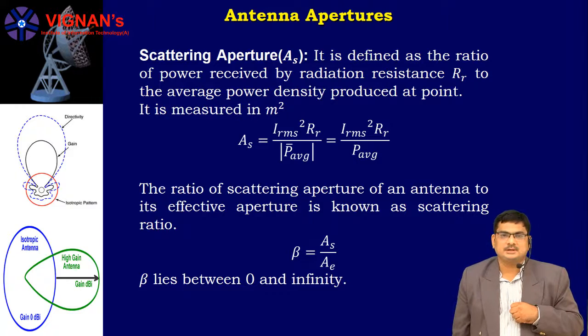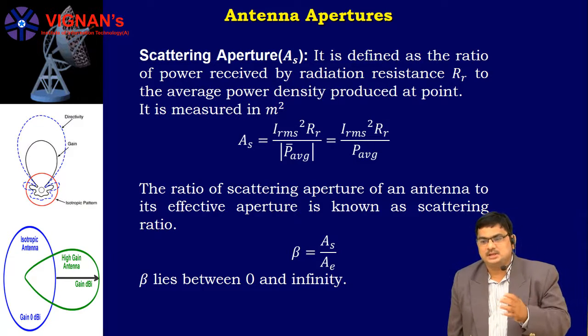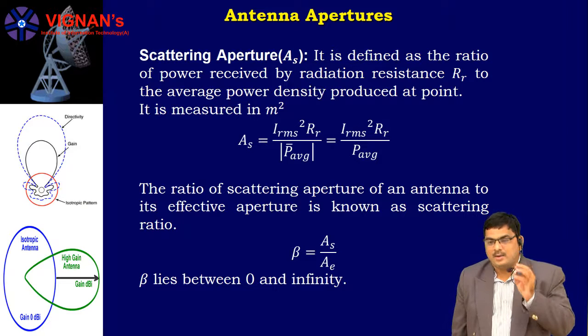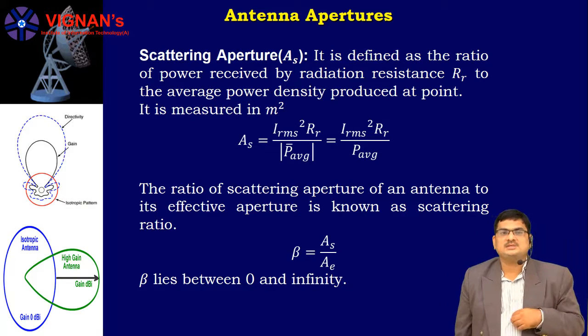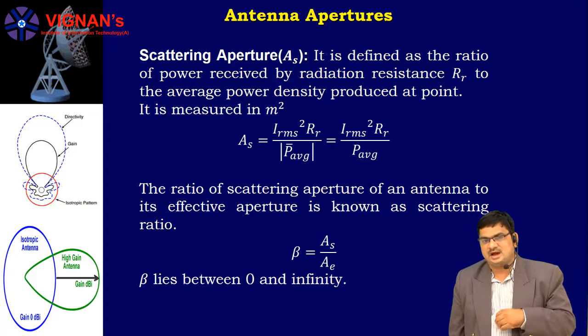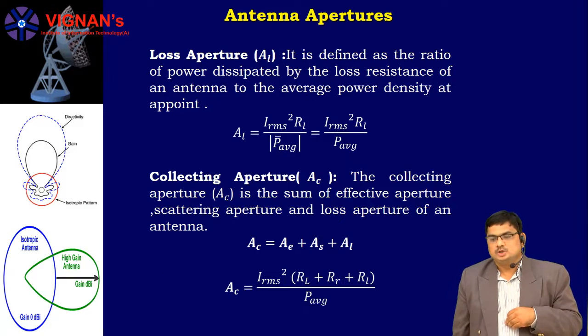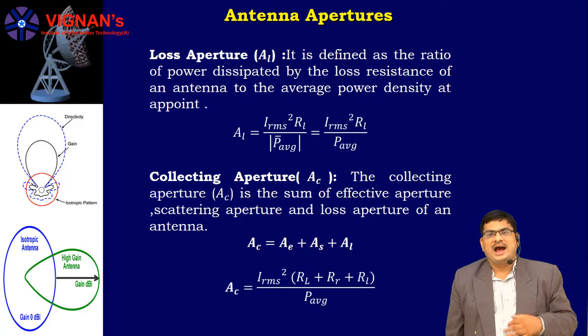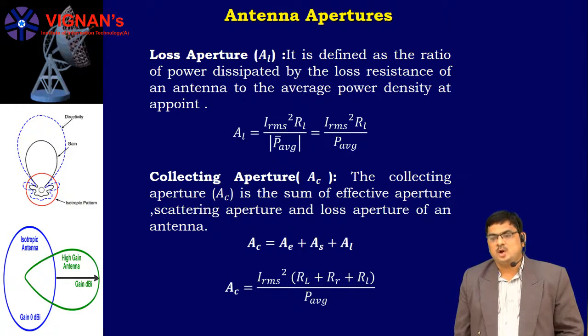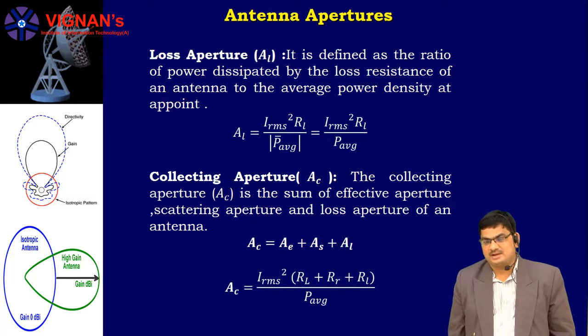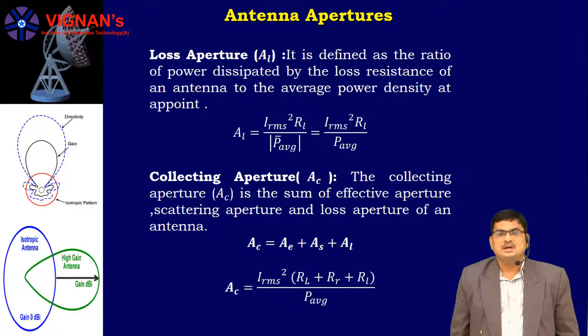Loss aperture is defined as the ratio of power dissipated by the loss resistance of an antenna to the average power density. So AL equals I square RMS into the loss resistance RL by the average power. Next is the collecting aperture.